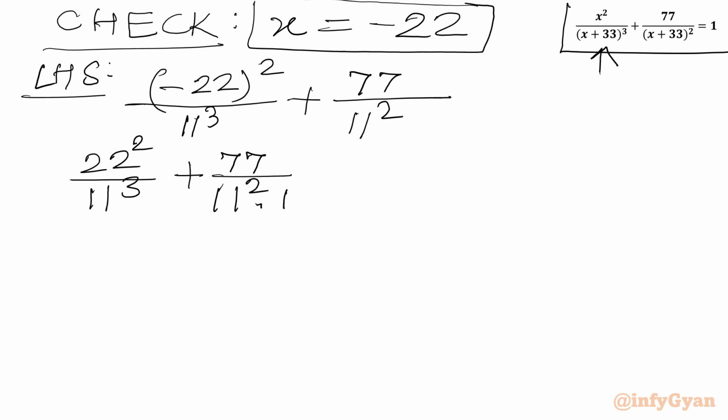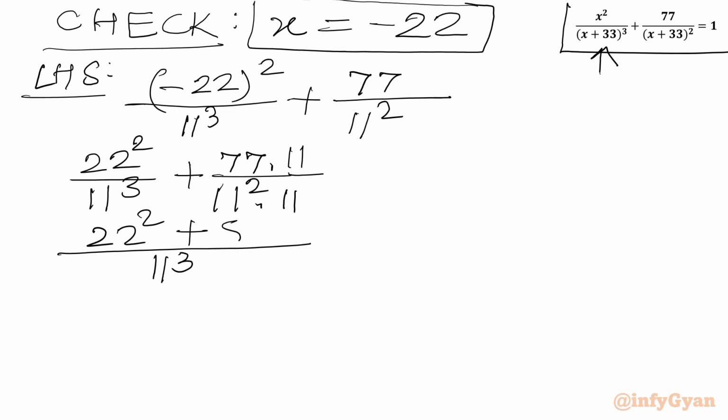Now I can multiply here with 11 in the numerator and denominator. Now the denominator is the same, 11 cube. So I will write here 11 cube in the denominator. Numerator will be 22 square plus 77 times 11.